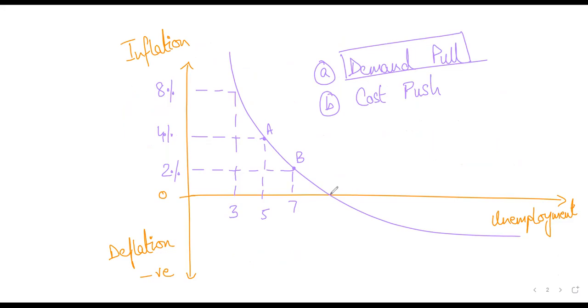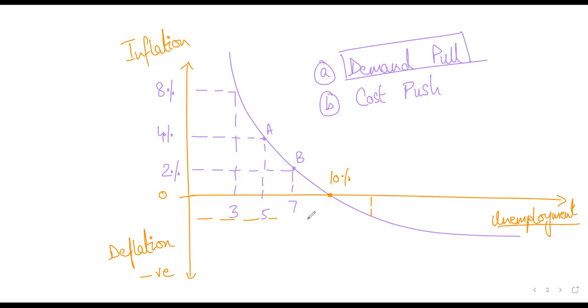And after a certain point, as per this graph, after a certain rate, let's say this is 10%, what will that do? If unemployment in a country is greater than this rate, what will that do? It will cause deflation according to this graph. Again, I'm saying this because we don't know if this relationship still holds true in modern economies, right?